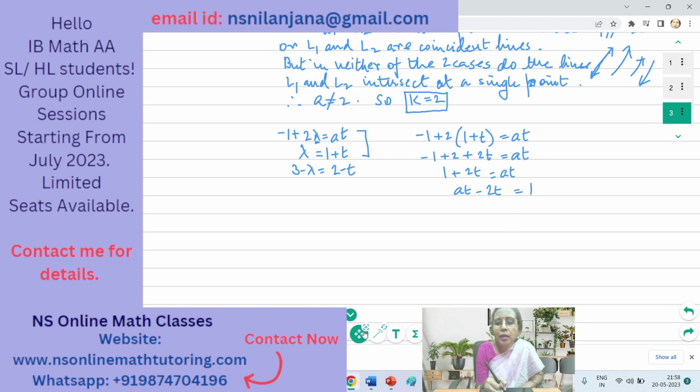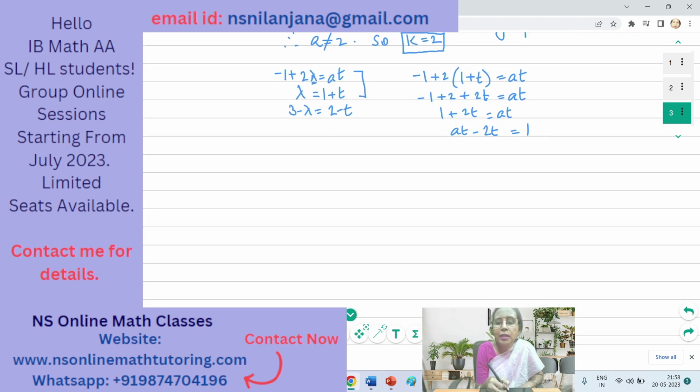I'm taking all the terms containing t to one side. So I can take t common. t(a minus 2) is equal to 1, or t is equal to 1 over a minus 2. Even from this expression of t, you are seeing that a cannot be equal to 2 because you cannot have a 0 in the denominator.